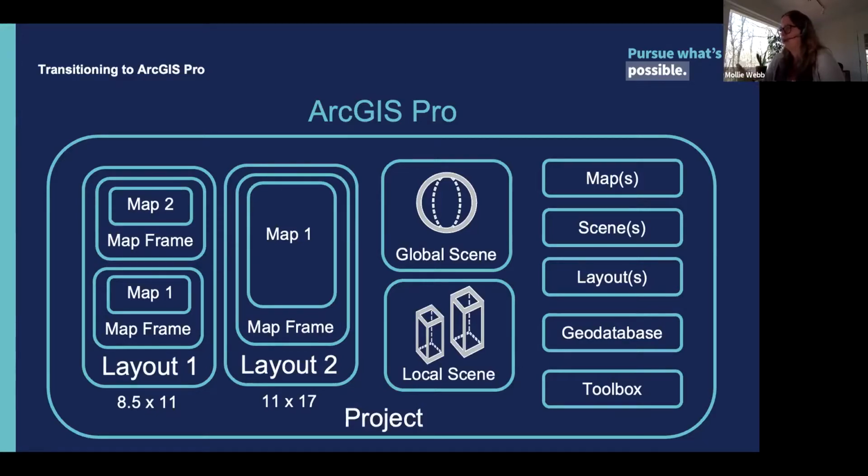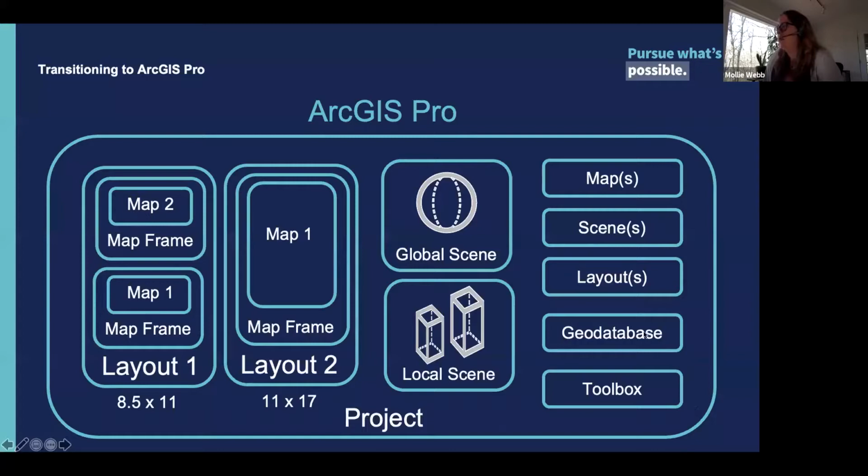ArcGIS calls their 3D display a scene. And so you can have a global scene, which of course, as the name suggests, is like a global scale 3D. And then you can have a local scene, which is designed for a smaller area.